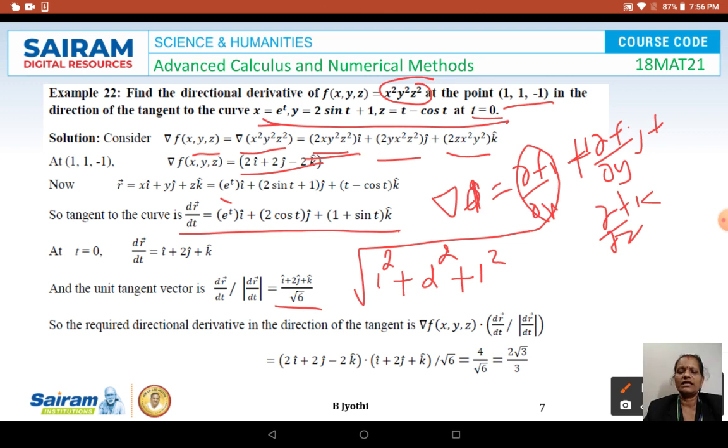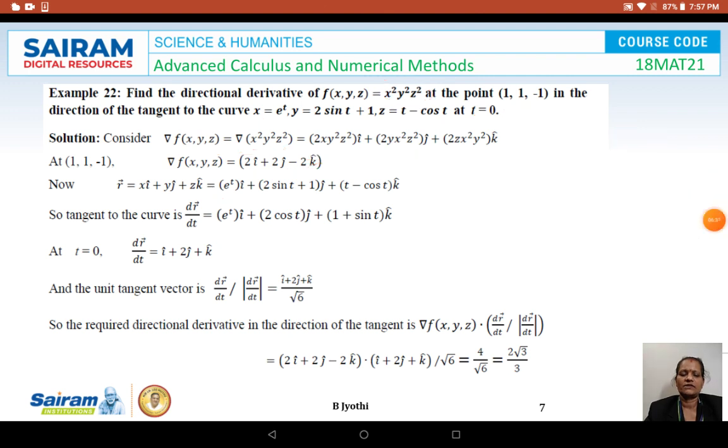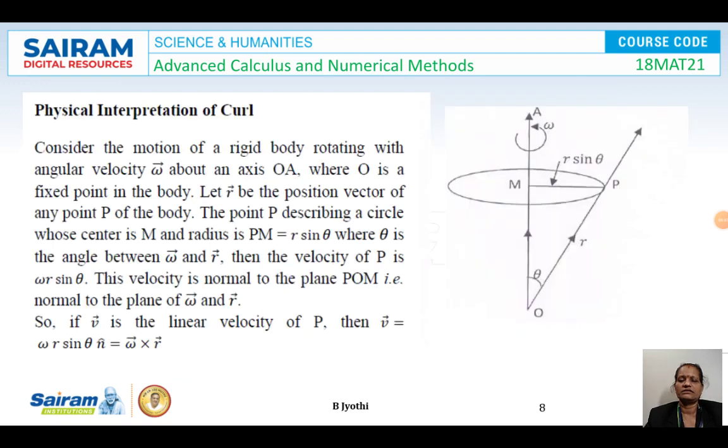So the required directional derivative in the direction of the tangent is given by del f dotted with dr/dt divided by the modulus of dr/dt. We take the dot product, that is (2i + 2j - 2k) dot (i + 2j + k) divided by root 6. That gives us 2 root 3 divided by 3, or 2 by root 3. We can simplify it and give the answer.